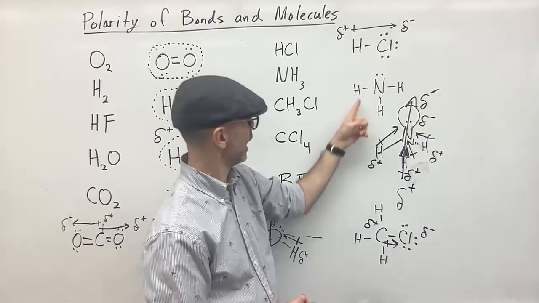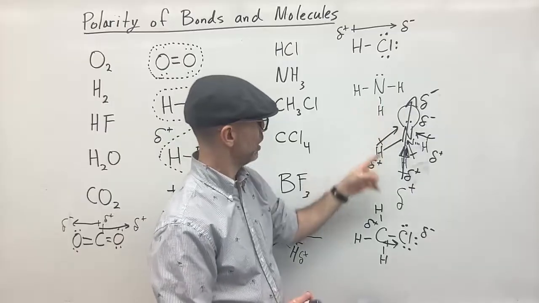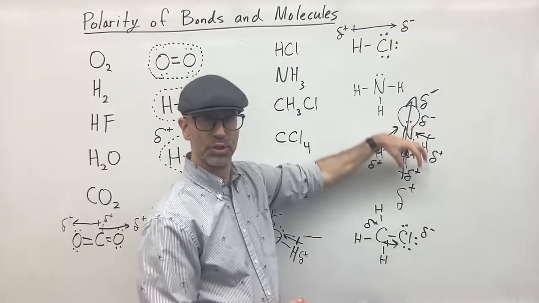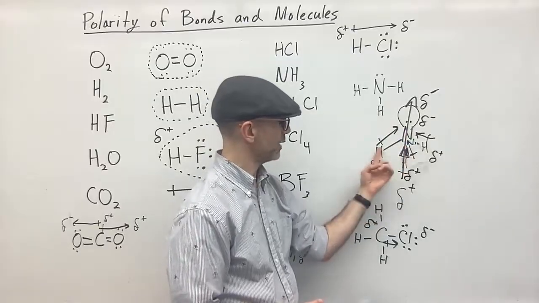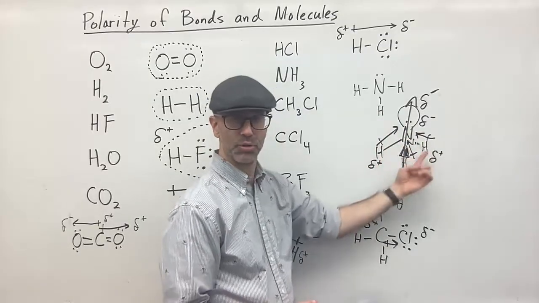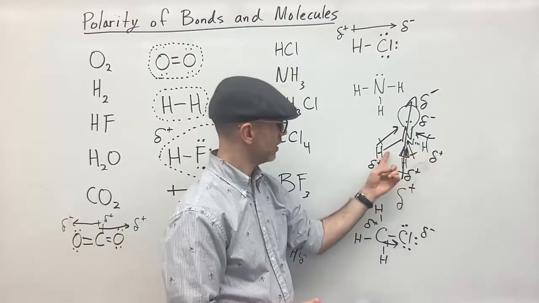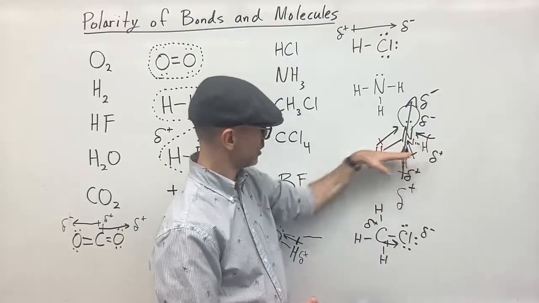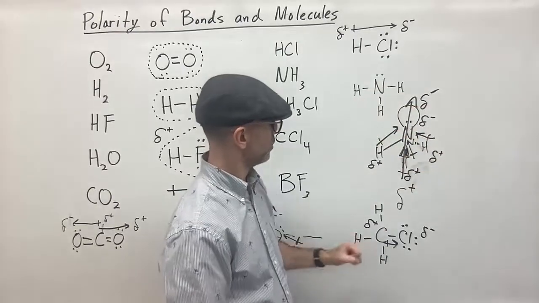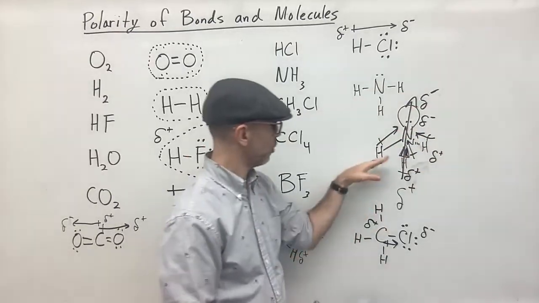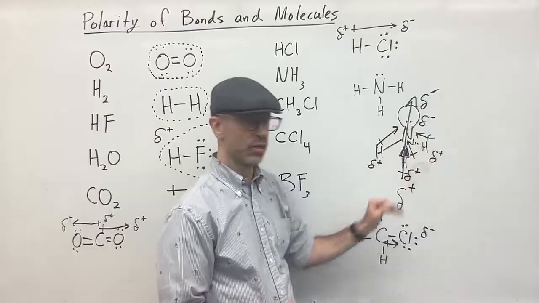Here you've got the same atoms bonded together, but notice that they're being pushed down by the lone pair. Because of that, you have an asymmetry in the molecule, right? So these hydrogens are on this side rather than on this side. And so the polar bonds are all pointing in one direction.